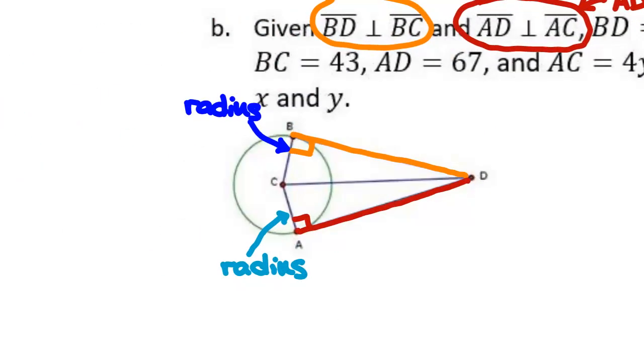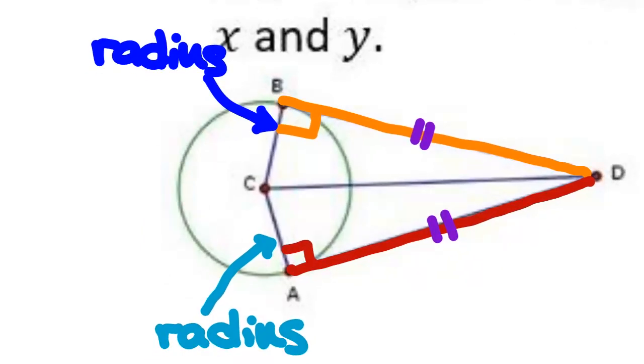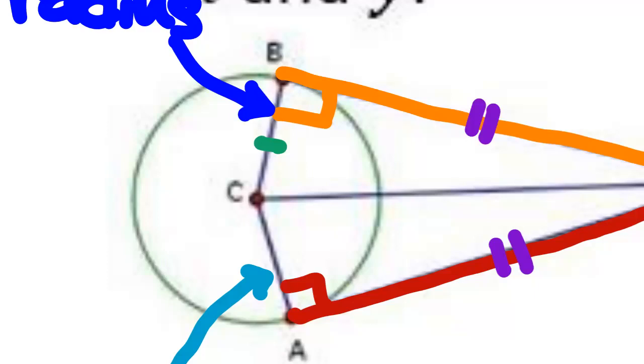What does that mean about those two tangent lines? They are congruent, yes. So this one is congruent to this one. What do we know about all the radii in a circle? They are congruent. So BC is congruent to AC.